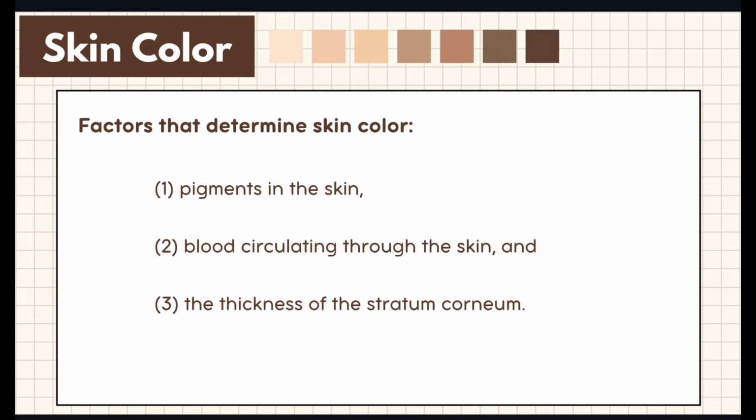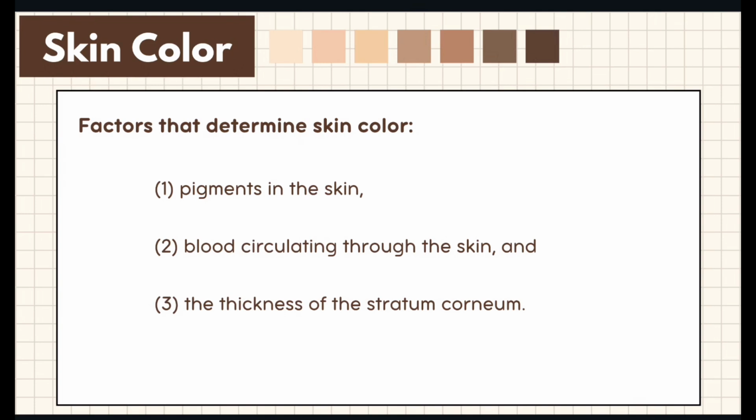So, skin color. Skin color has three factors that determine it. These are pigments, blood, and skin thickness. First is pigment, also called melanin. It gives color to our skin. More melanin means darker skin, like us Filipinos.